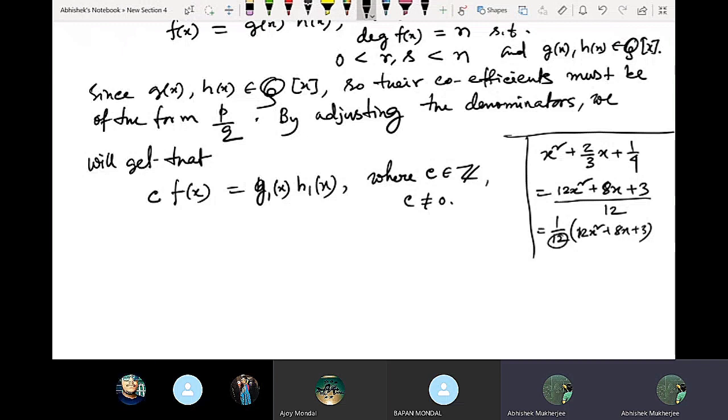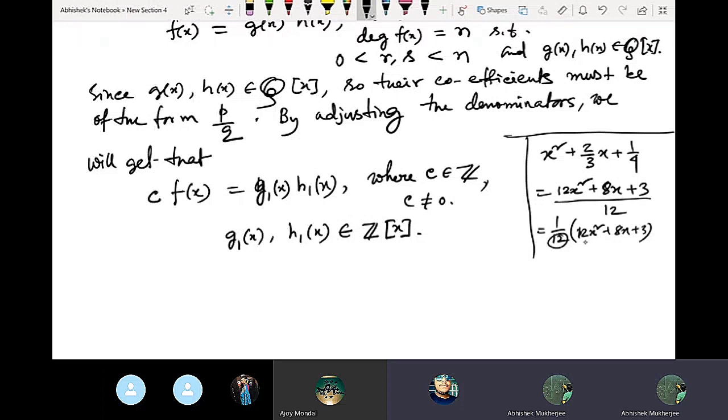That is, here the c is 12. And the g1x and h1x both will be polynomials over the domain of integers Zx.